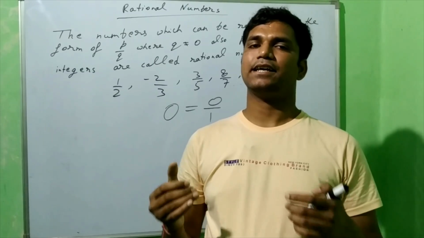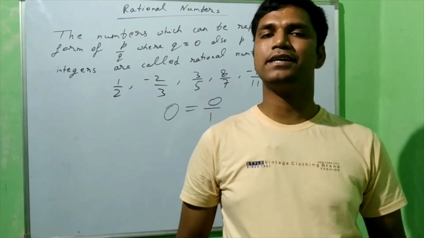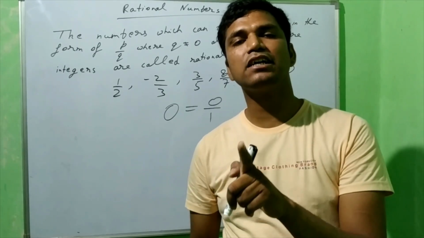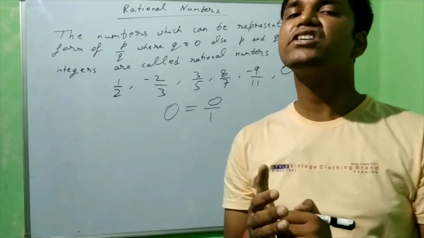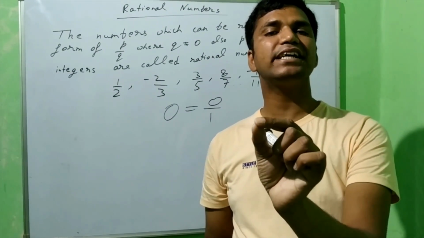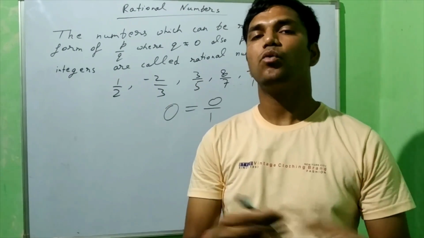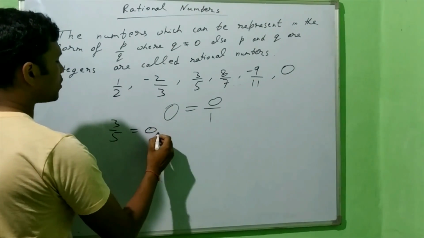As we can say, the decimal representation of a rational number must be terminating or repeating. But the decimal representation of an irrational number is neither terminating nor repeating. For example, 3 upon 5 is equal to 0.6.